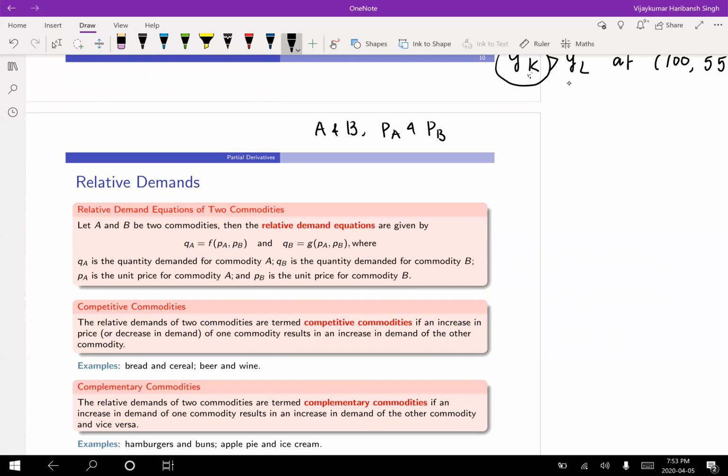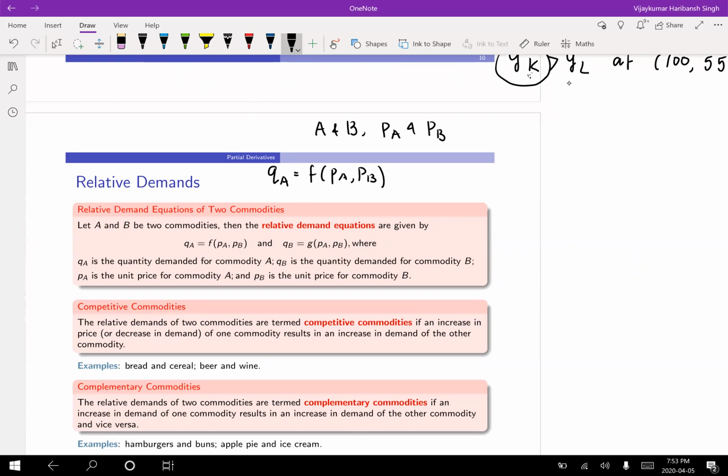And suppose we can have their joint relative demand functions as QA, which is F of PA, PB. That means the quantity of A demanded depends on the price of A and B both, all right?